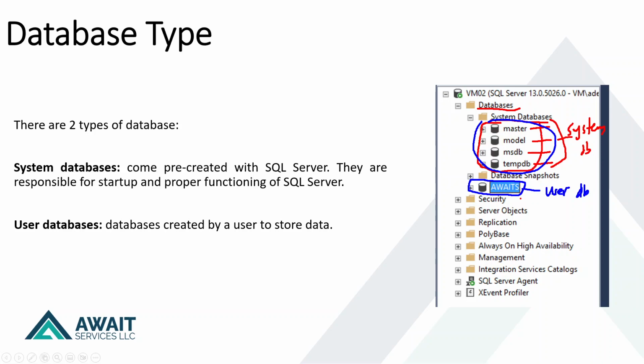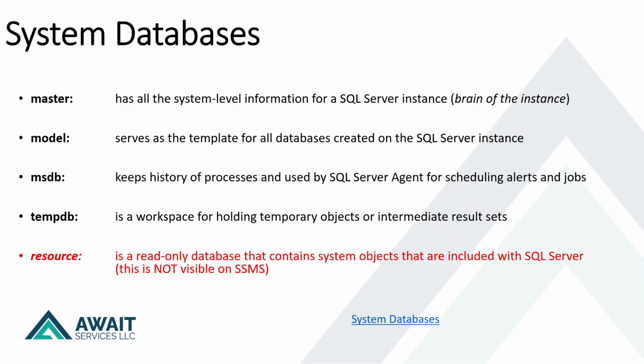Okay, so let's move on. Now let's explore these system databases one after the other. The master database is like the brain of the instance, because it is in this database that we have system level information.